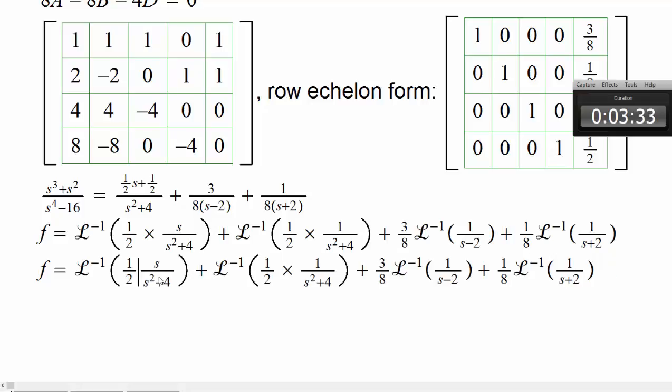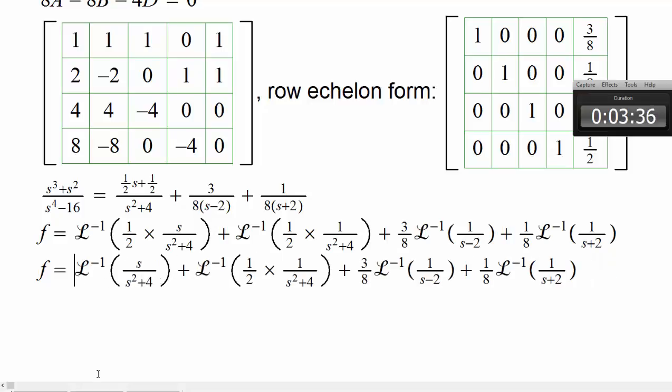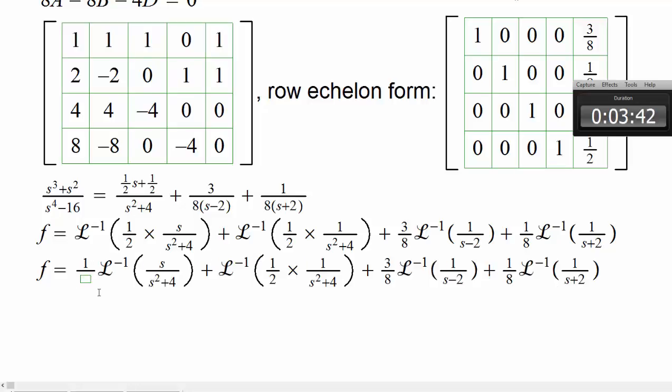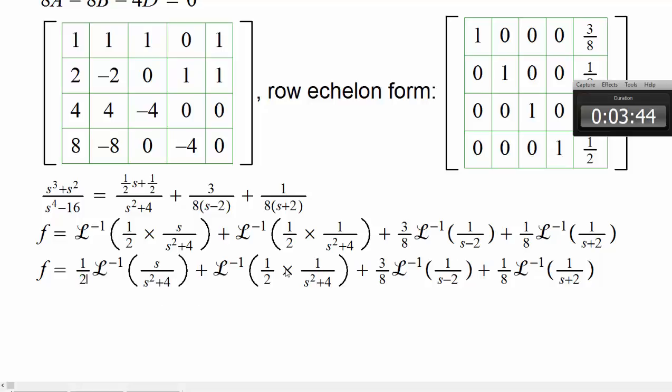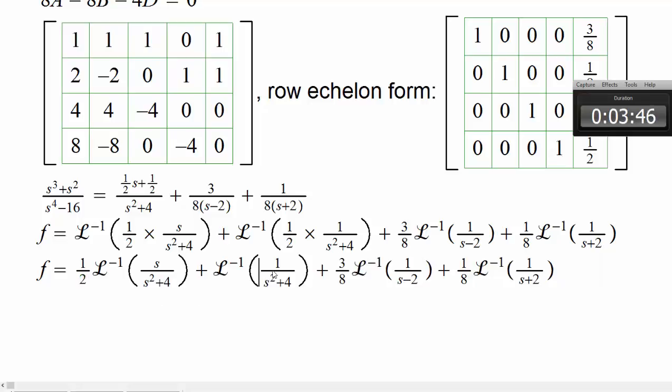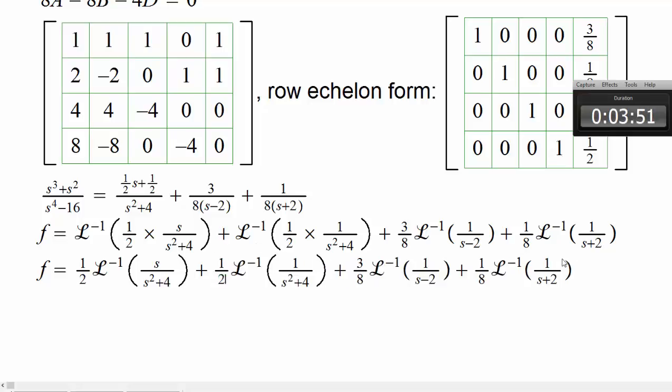So here what happens is that we got 1 over 2 outside here, same here, 1 over 2 is outside. All right, now we will do this. You can see this connects with the sine of 2t, and this is e to the 2t.